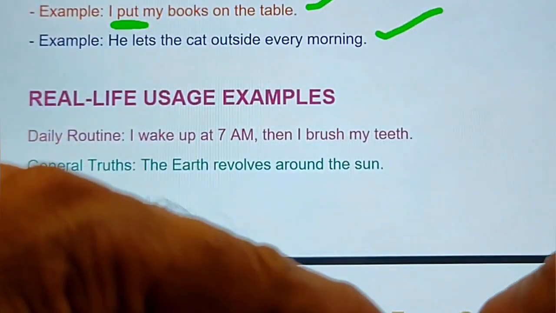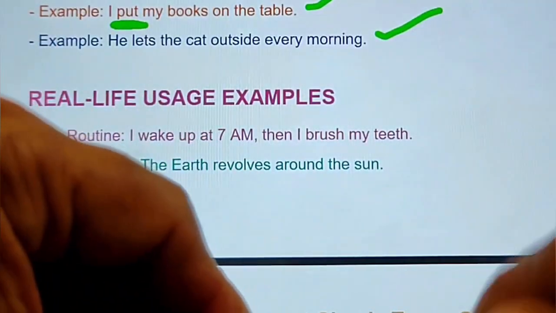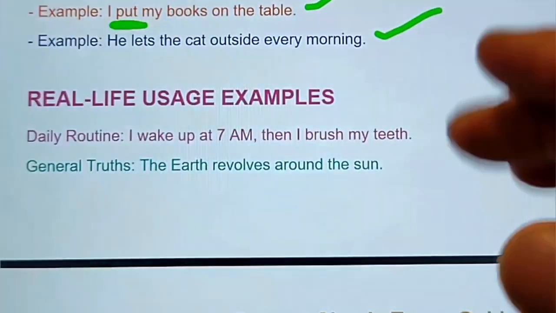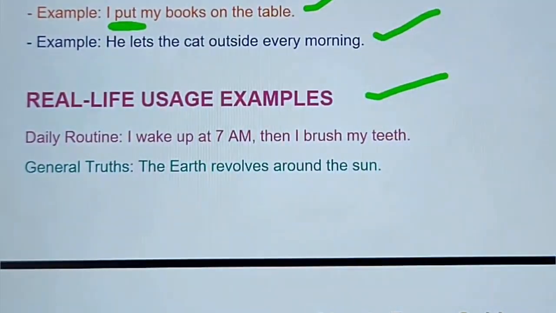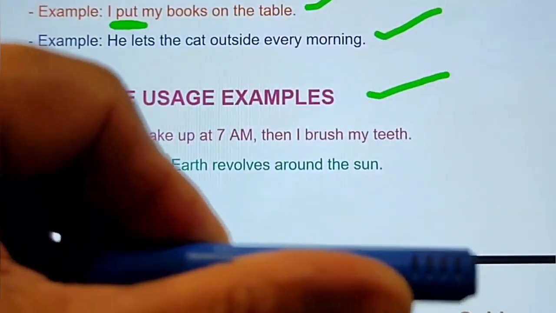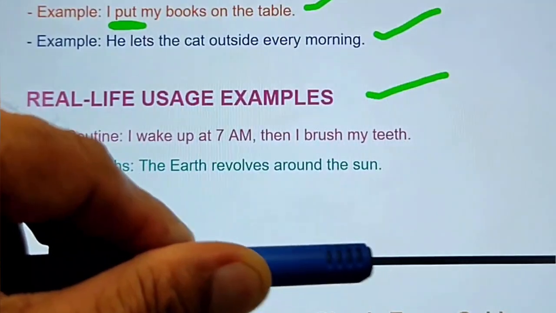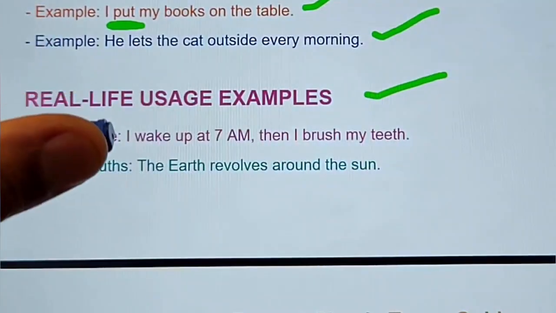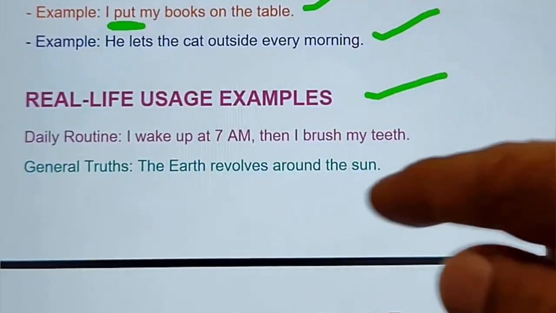Let's explain where we use simple present in our daily life. We have real life usage examples here. So this one is easy to understand, how to use the present simple tense during your conversation. This one is used in daily routine.